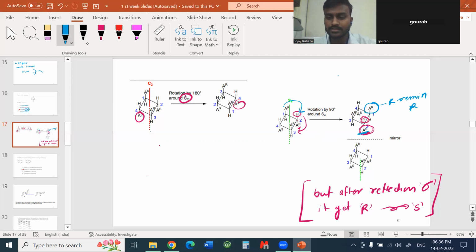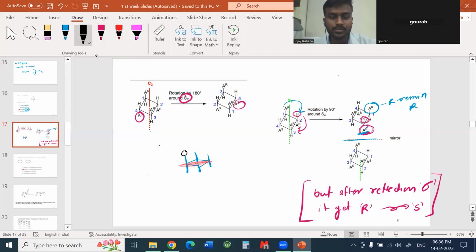And here we can see, now we need to pass a perpendicular mirror plane. So what happens if you pass this plane through this molecule? Let's consider this molecule like this, right? These groups are present, and we need to pass this mirror plane through the plane of this molecule. So what happens?